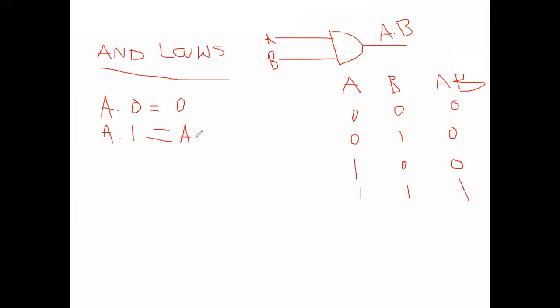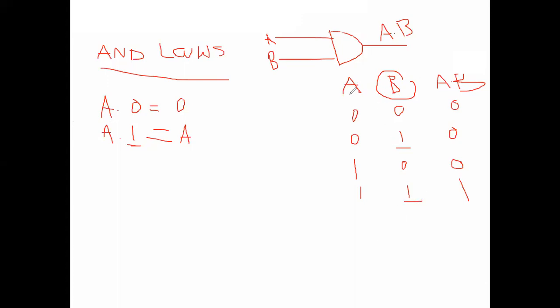Actually, how to discuss this law: see here, one input is 1. This is fixed. Take the second variable B as 1. At which positions is B 1? At this position and this position.